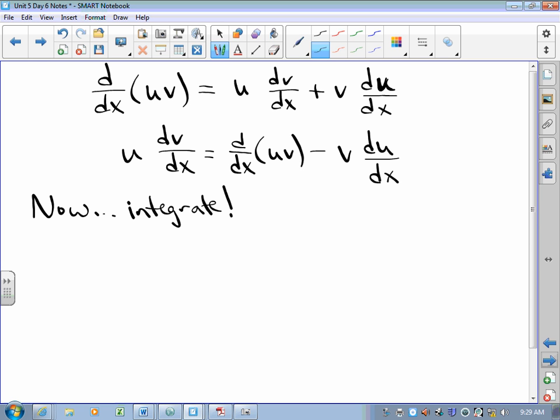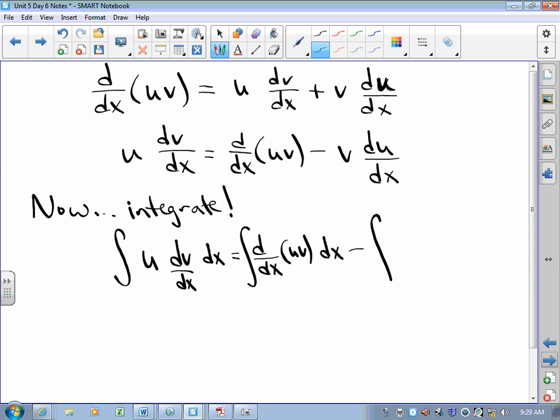We're going to integrate with respect to x. So what's that going to leave us with? It's going to leave us with the integral of u dv over dx dx, the integral of the derivative of uv dx, and v du dx dx.